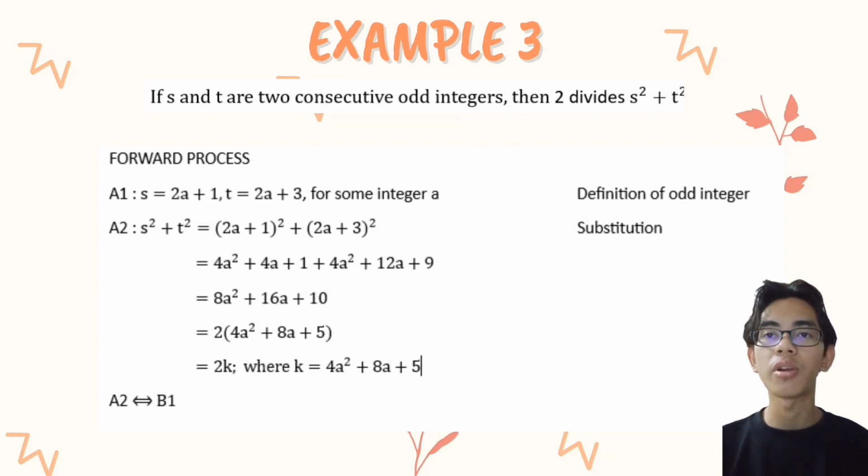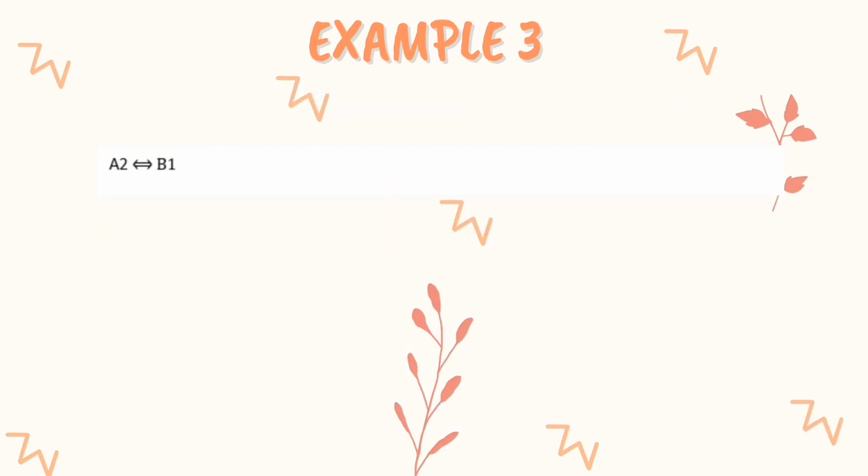We get for A2, S squared plus T squared equals (2A plus 1) squared plus (2A plus 3) squared. We get 2(4A squared plus 8A plus 5). Thus, we get 2K where K equals 4A squared plus 8A plus 5. Therefore, A2 is equivalent to B1.